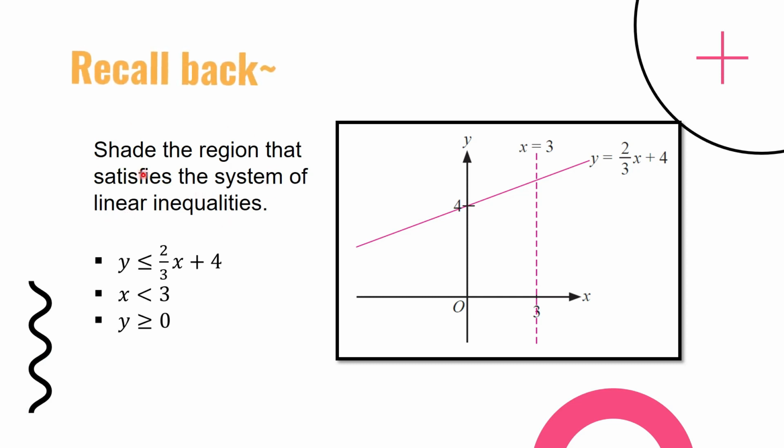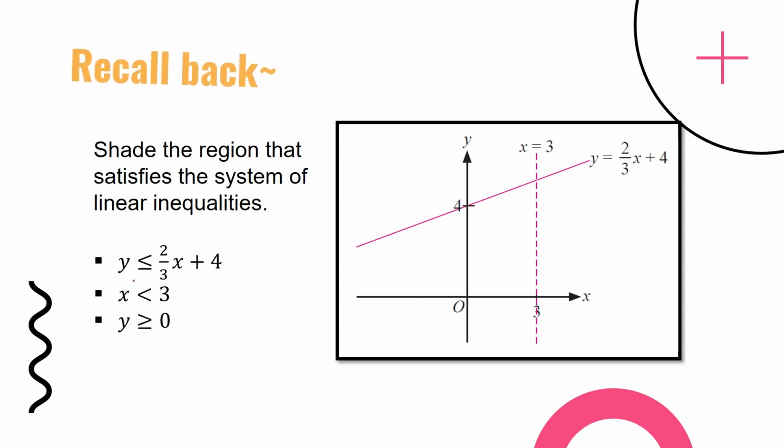It is asking you to shade the region. How to shade the region? I will use my own method, which is you shade for each of the linear inequalities, and then you find the common area, then you highlight the common area, then you erase the rest of the shade that is not in the common area.